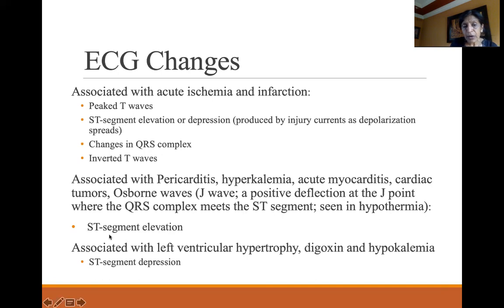That is what you see here is ST segment elevation. All right? Then associated with left ventricular hypertrophy. Digoxin, hypokalemia. Note here it's hyperkalemia, ST segment elevation, and with hypokalemia, it is ST segment depression.